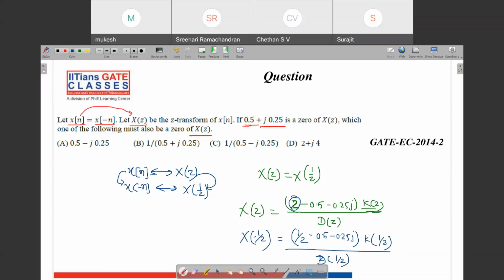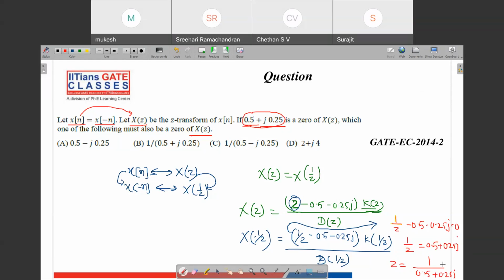If you take this numerator and calculate the root to find the zero, you will see 1 by z minus 0.5 minus 0.25j is equal to 0. So 1 by z is equal to 0.5 plus 0.25j, or z is equal to 1 by (0.5 plus 0.25j). So this zero is just the inverse of the original one.